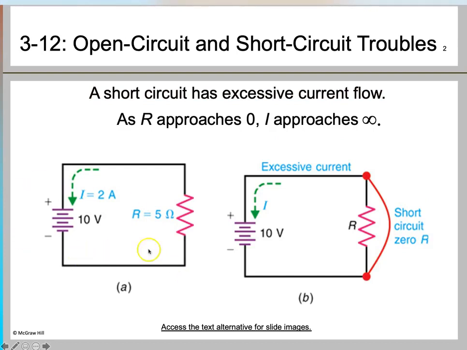This is the same circuit which you saw previously, and in this circuit we have basically used a wire and connected it to these two terminals. If you think of this wire, when it is connected to this circuit, it will have zero resistance.